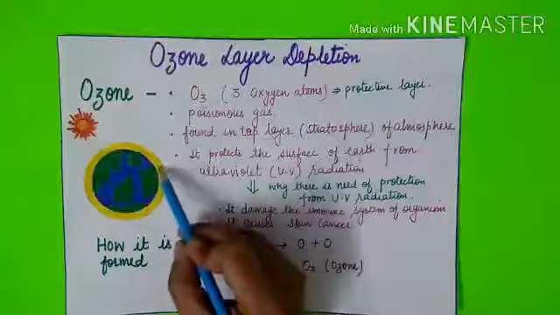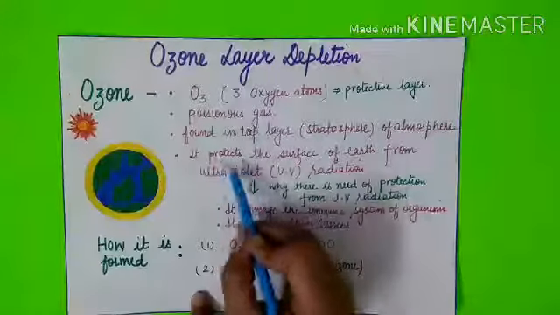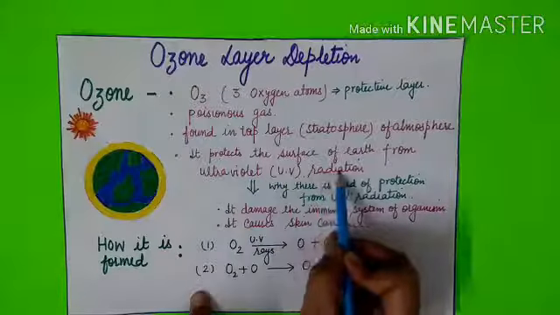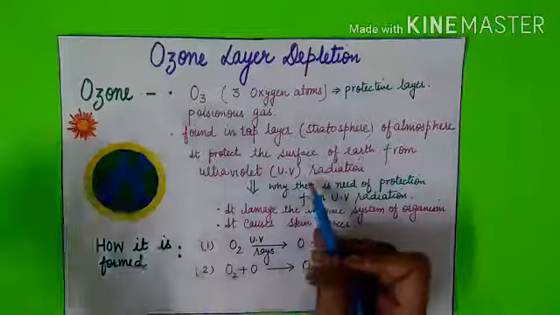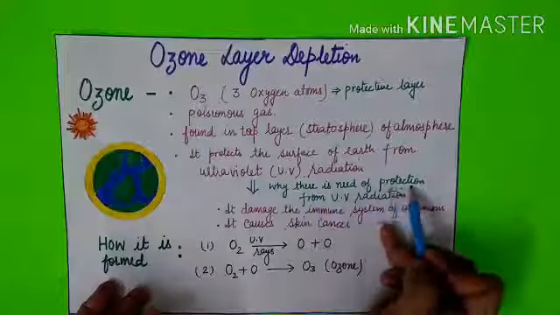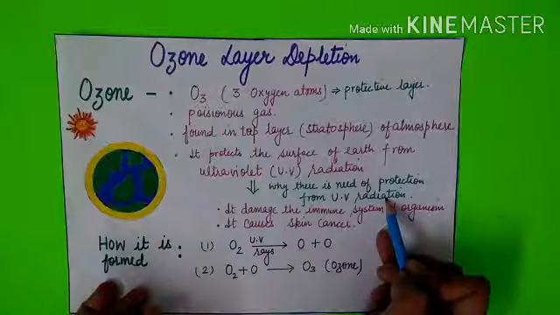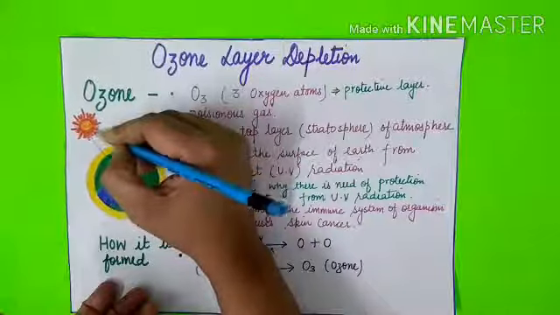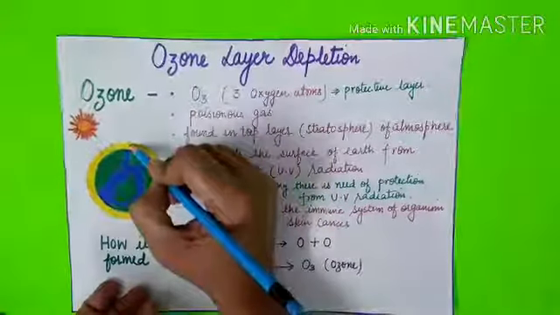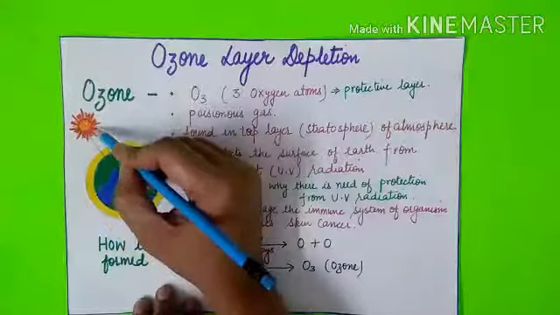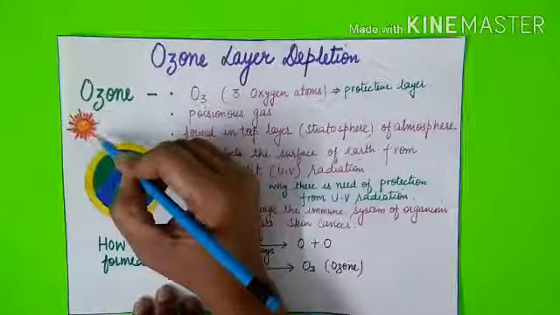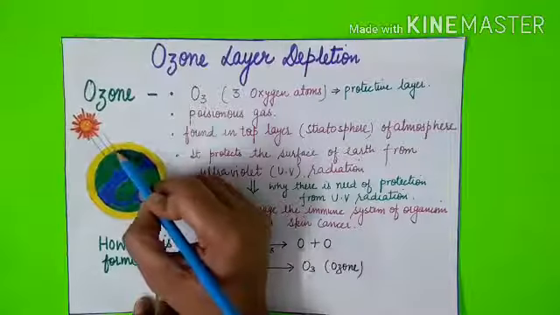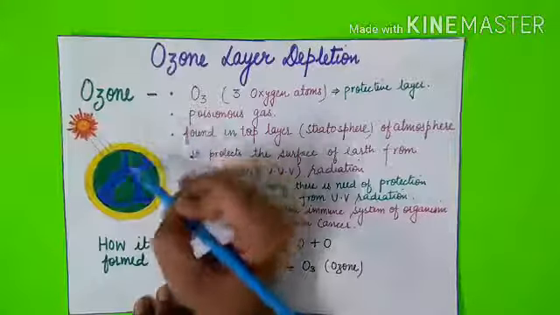The function of this ozone layer is that it protects the surface of the earth from ultraviolet UV radiation. Now the question is, why is there a need for protection from UV radiation? The answer is, sunlight is a combination of different radiation, and UV radiation is one of them, which is very harmful for the earth.